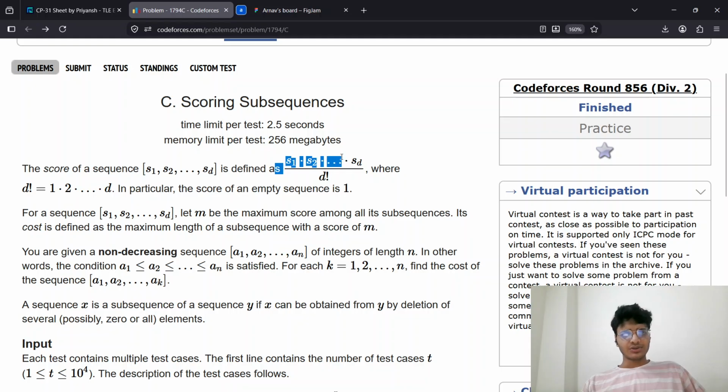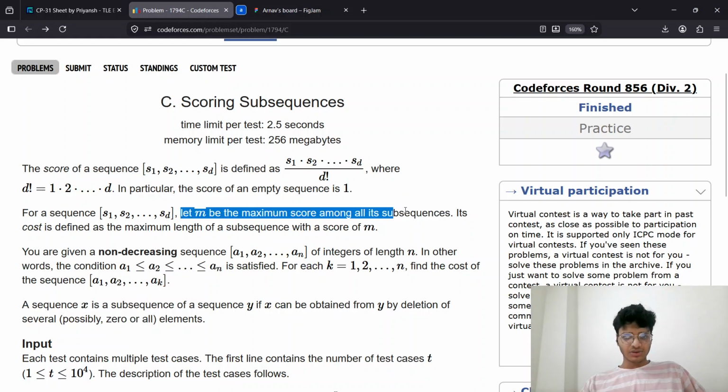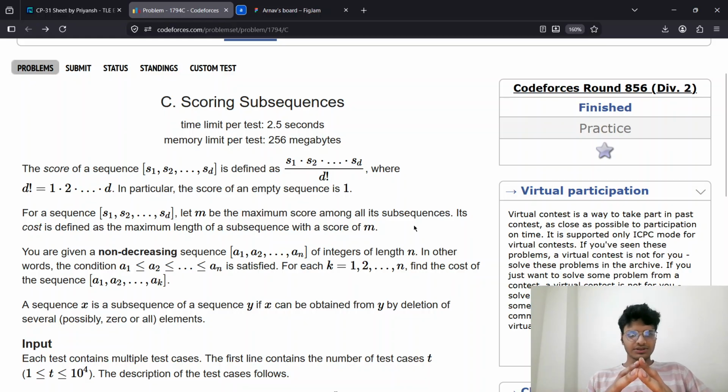Its score is calculated by the formula S1 times S2 up to SD divided by d factorial. For a sequence S1 to SD, let M be the maximum score among all its subsequences, that is, the maximum score we can achieve.